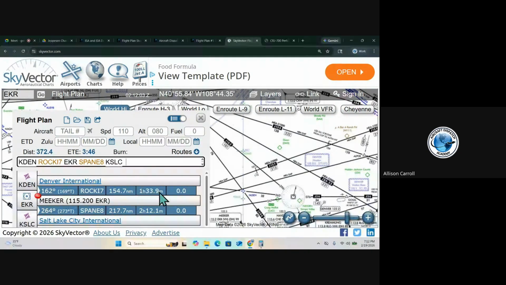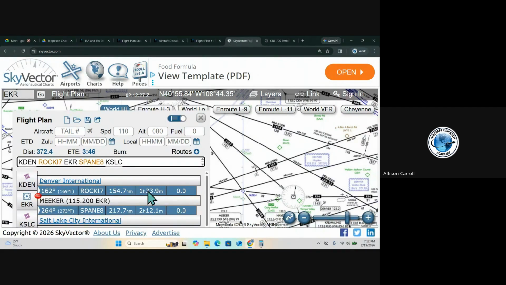Don't ever worry about the time over here, because that is taking into consideration the current winds right now. And it's also thinking of a slower speed and a lower altitude. So don't worry about this time over here, because that is actually looking at current conditions right now. And we don't ever look at current conditions.